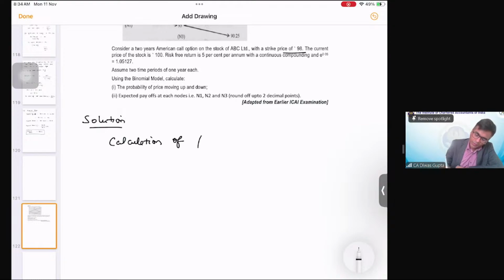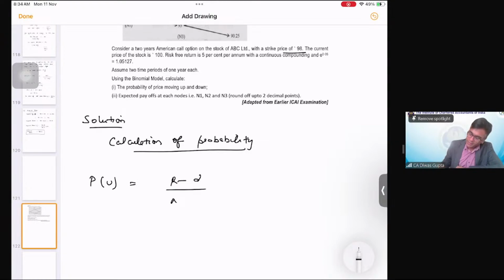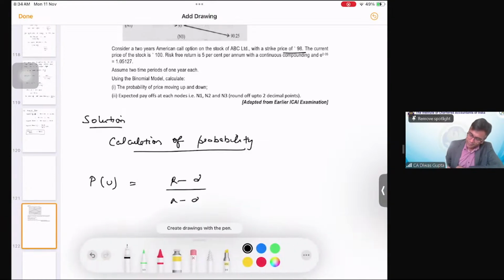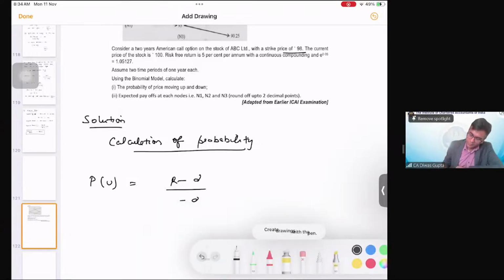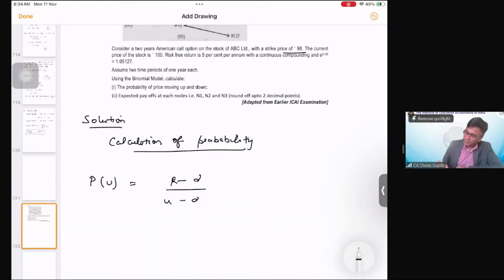Calculation of probability. Probability of price going up becomes (R minus D) divided by (U minus D). This is a question on continuous compounding.